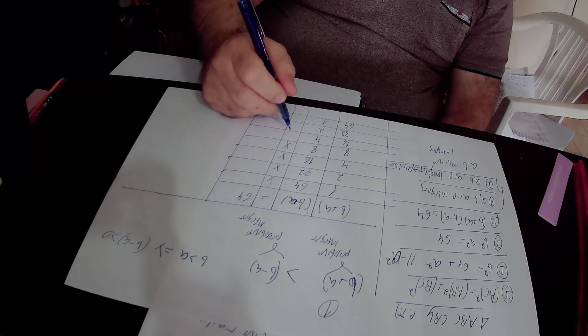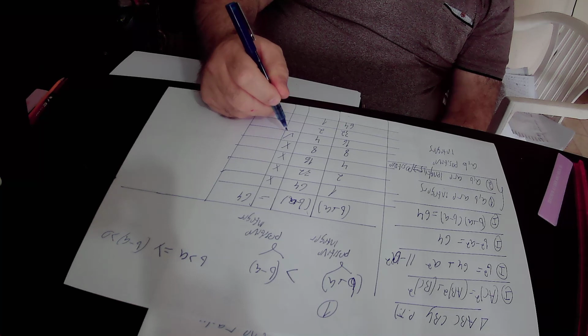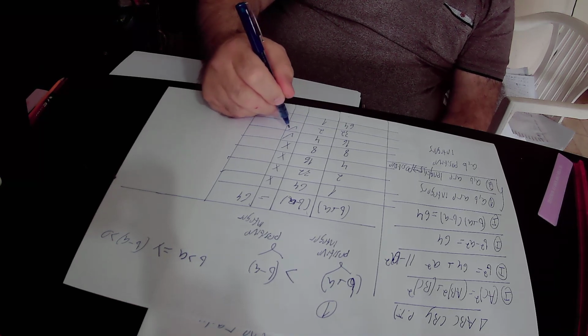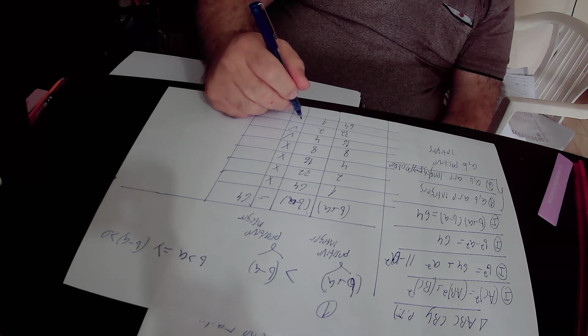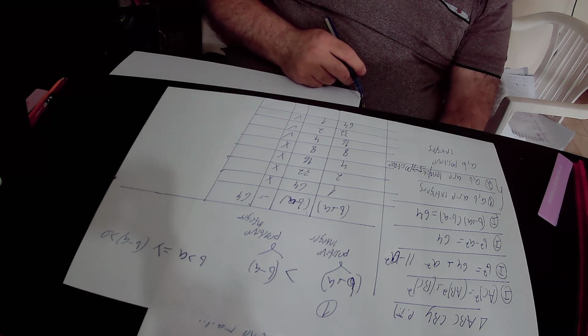Here 16 is greater than 4, this is a valid option. 32 is also greater than 2, this is a good option. And in the end we have 64 that is greater than 1, that is to say it is a good option. So we have three options for B plus A and B minus A.